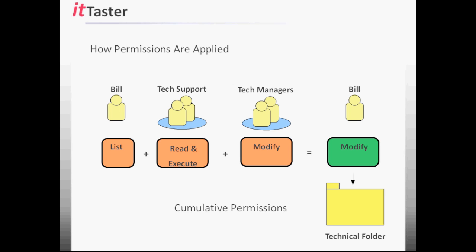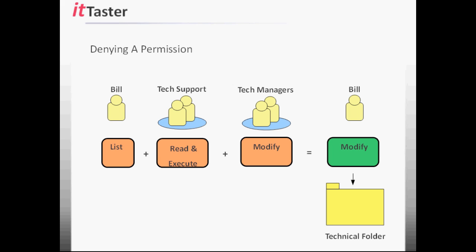We've seen that when a user has more than one file and folder permission applied to them, their effective permissions are cumulative. However, there's an important exception to this rule, and this is the deny permission. A deny permission overrides an allow permission. And in this example, we have our user Bill again. And just as before, we can see the permissions Bill has been assigned to the technical folder.